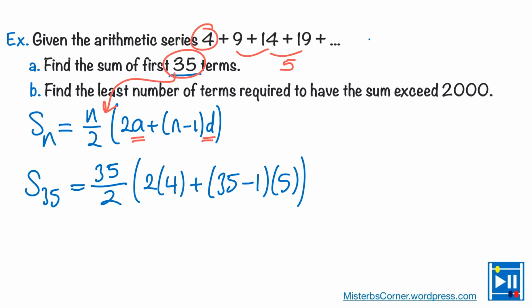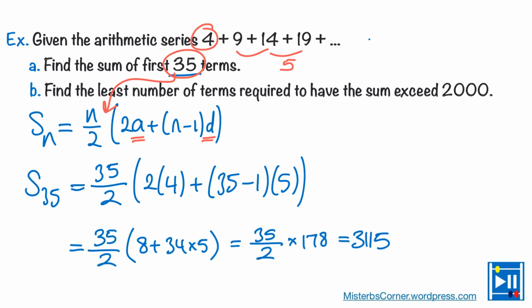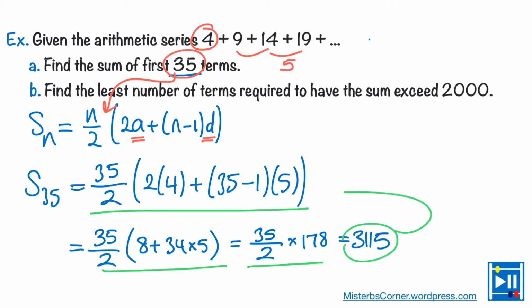Now, this is the substitution step. As you know, it's very important to write this down. So if we calculate, we find that the first 35 terms add up to 3,115. Now, keep in mind that you have to write the substitution step, which is very important, but you can skip some or even all of the steps, and after this, write down directly the answer.